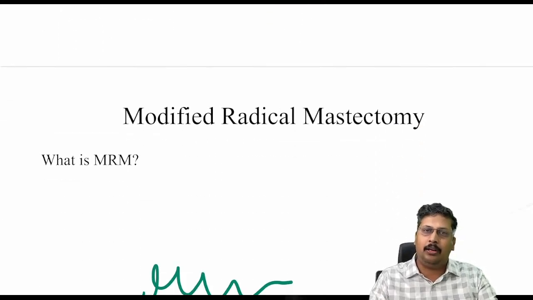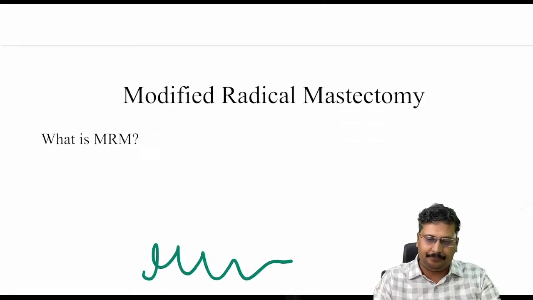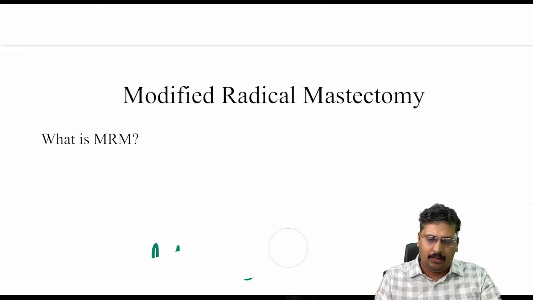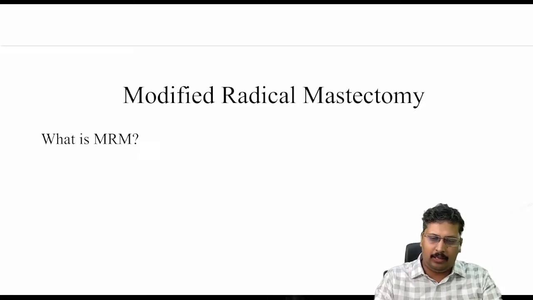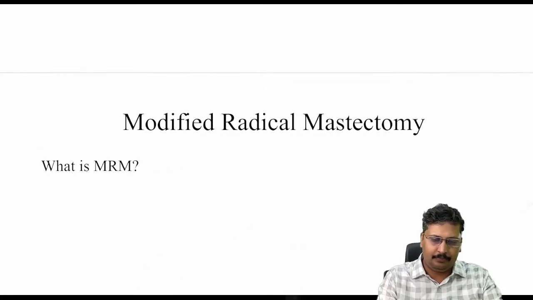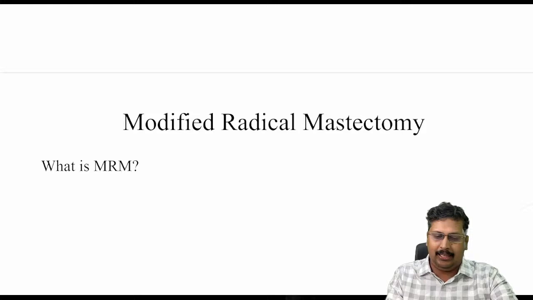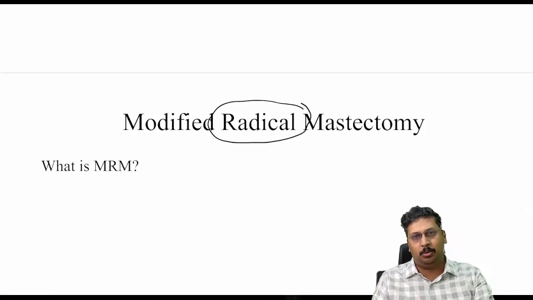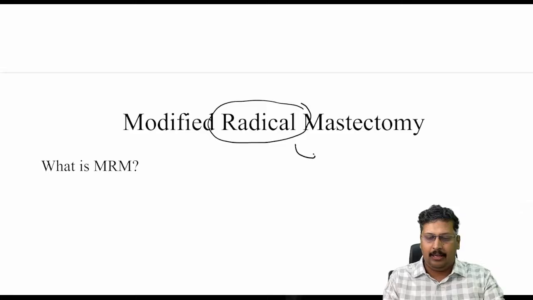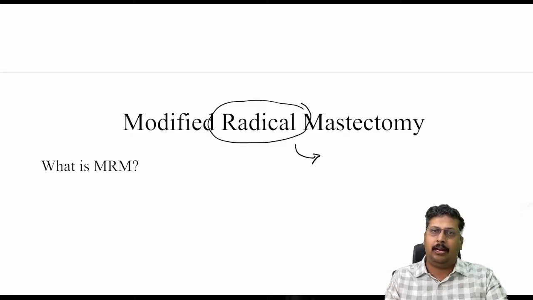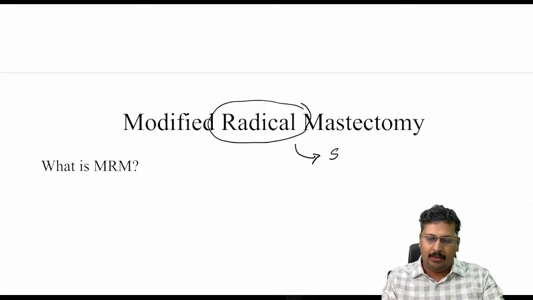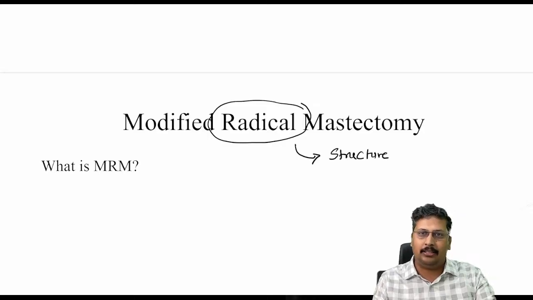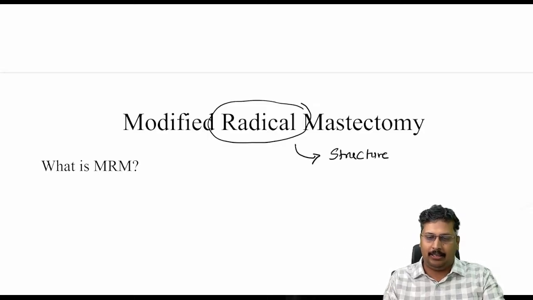Here I wanted to highlight one fact, that wherever you have this word radical in oncology, it means one of two things. The first thing is either you are removing an additional structure. If you remove an additional structure along with the structure that is affected, you call it radical.